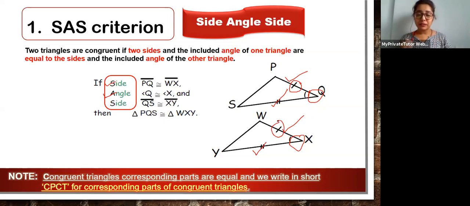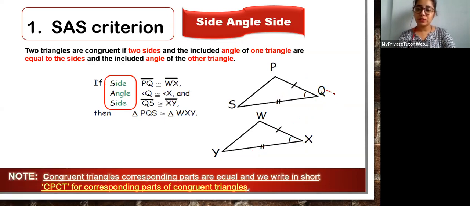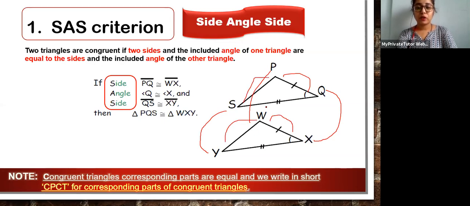So the parts which have equal measurement are called corresponding parts. So the corresponding part for Q is X, for P is W, and for S is Y. For PQ it is WX, for PS it is WY, and for SQ it is YX, or we can also call it QS or XY.